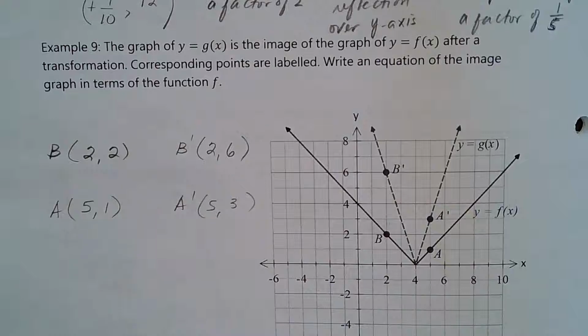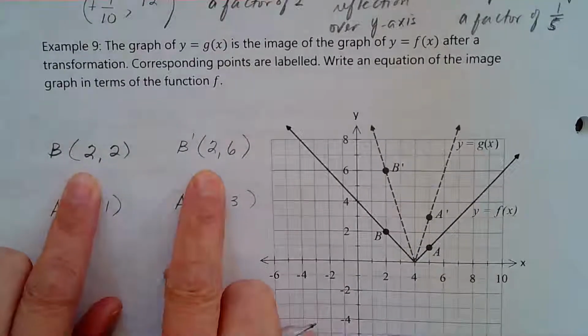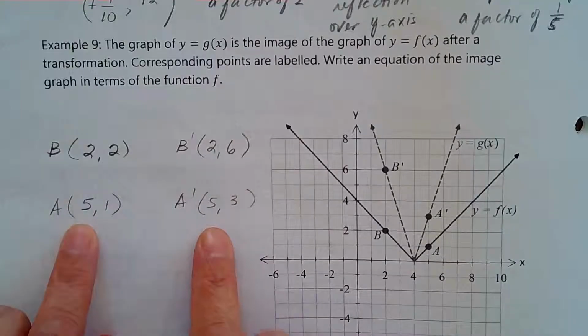We said we're multiplying the diagonal by 3, but if we go back to using the form, did the x get transformed? How do you know that? What stayed the same? The x coordinate, right? That's 2 and 2. Didn't change. 5 and 5 didn't change.